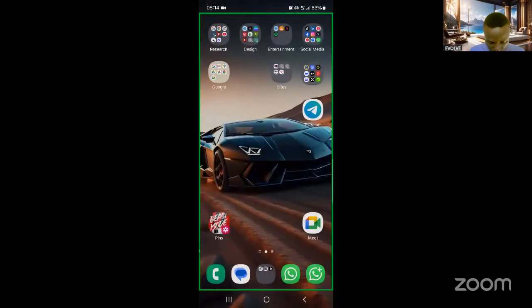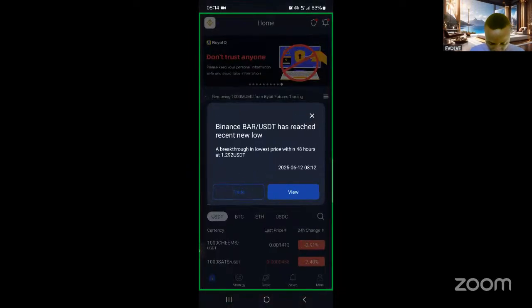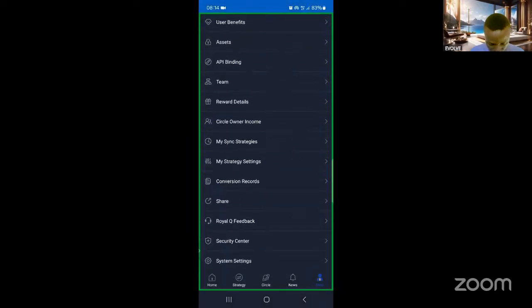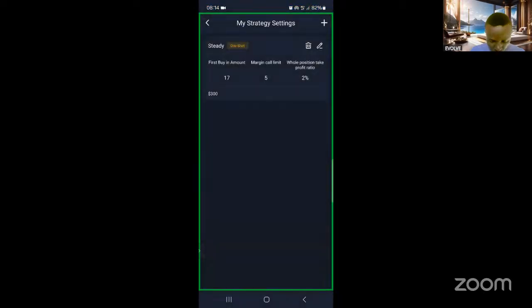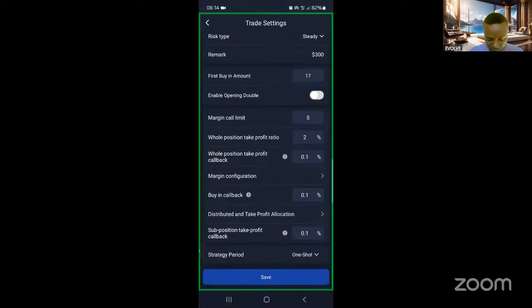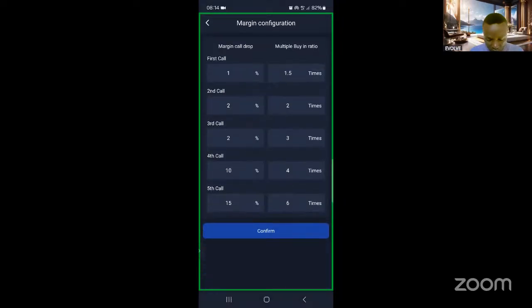Let me first open my Loyalty for you here. So we set up this strategy yesterday night, and this is what we did.